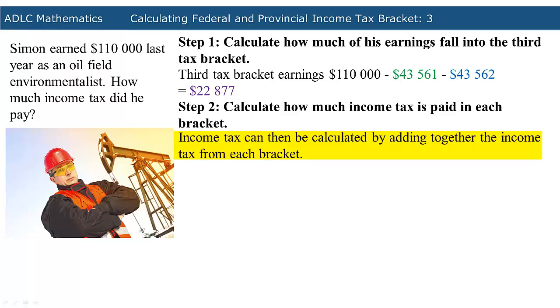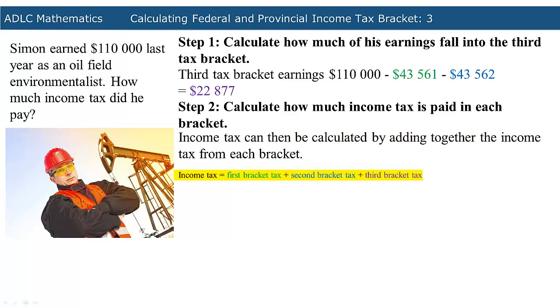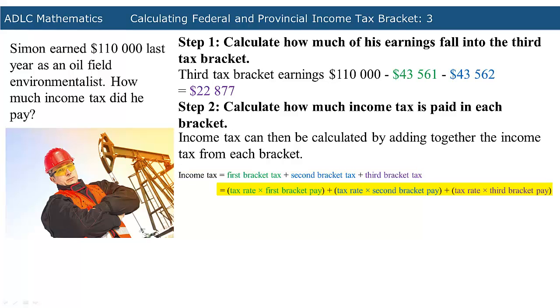The next step is to calculate how much income tax is paid in each bracket. To calculate total income tax, add the first, second, and third bracket tax together. To calculate each bracket tax, multiply the tax rate by the pay for each individual bracket.